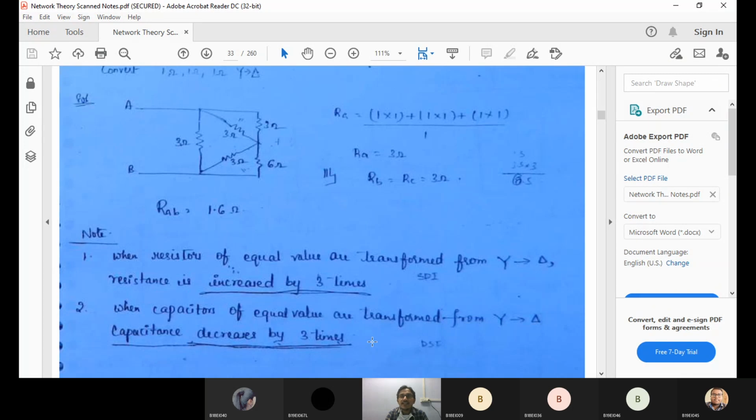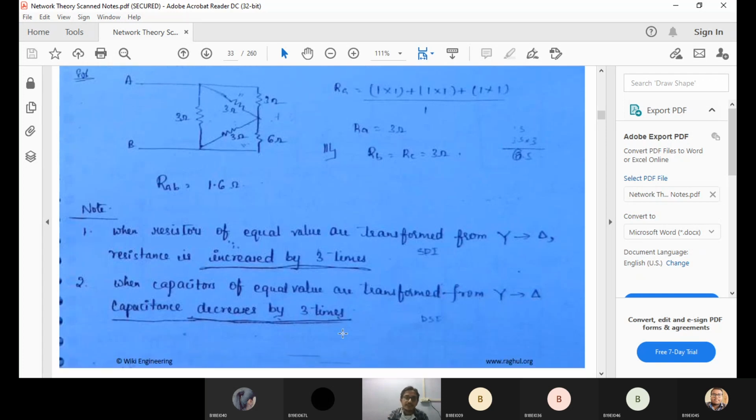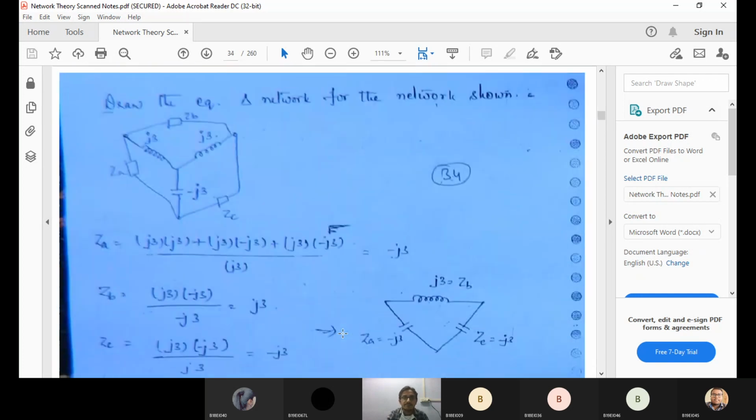When three resistors are connected in series, R1 plus R2 plus R3, but when three capacitors are connected in series, then 1 by C is equal to 1 by C1 plus 1 by C2 plus 1 by C3. When two capacitors are connected in series, 1 by C is equal to 1 by C1 plus 1 by C2. When these two are connected in parallel, C is equal to C1 plus C2, opposite to the resistance. In the calculations, it is just opposite to what you have done in the case of a resistor.